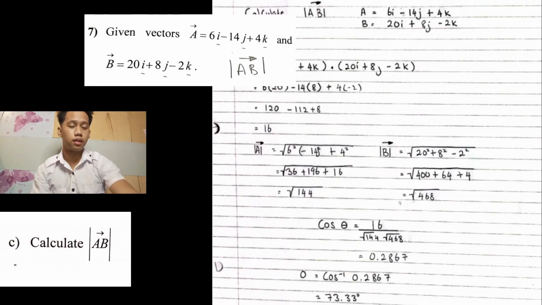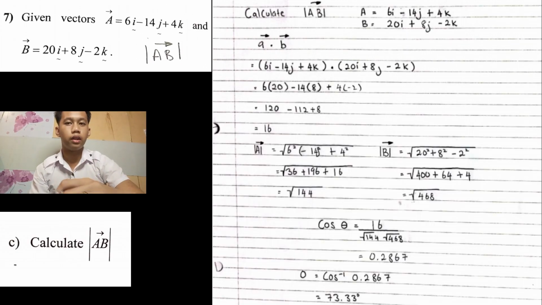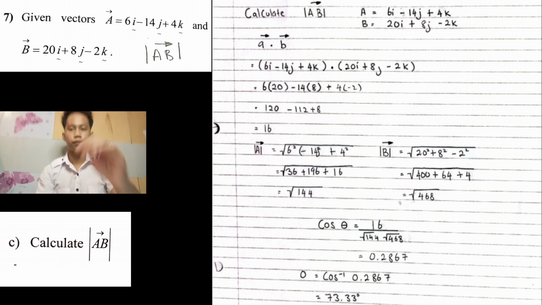Okay, the next question is C. Calculate the magnitude of AB. A is 6i minus 14j plus 4k and B is 20i plus 8j minus 2k.